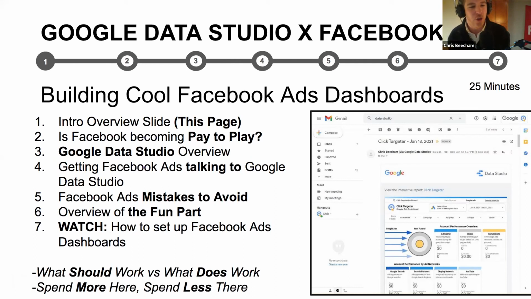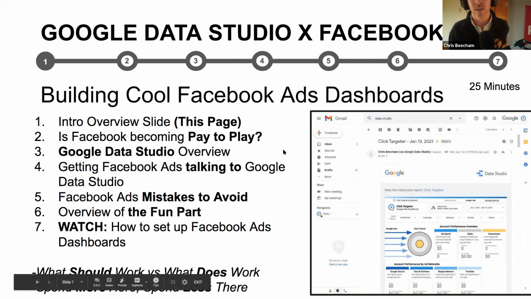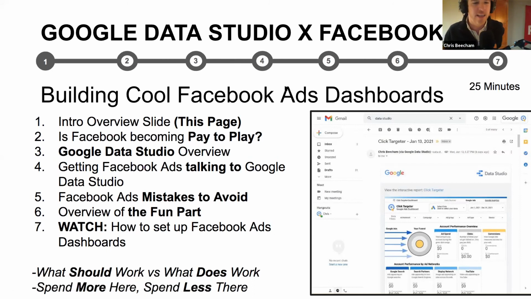First one is what should work versus what does work. Kind of what I mean by this is whenever you do any sort of online ad or offline ad, it's always kind of like what you think is going to work. And then after you run these advertisements and you look back through the data, look back through these dashboards, oftentimes you'll find out that what you thought was going to work really isn't what actually did work.